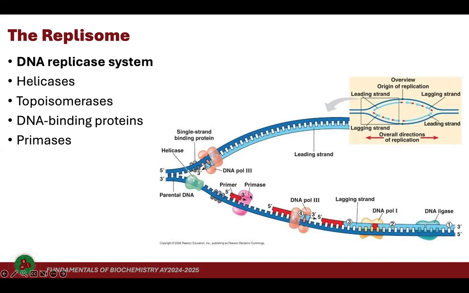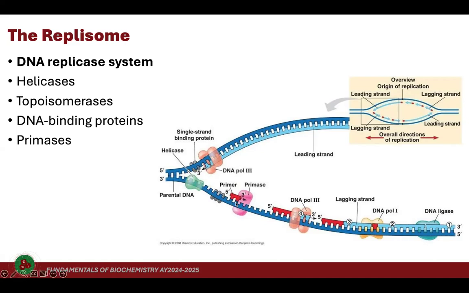Primases are enzymes that create short RNA oligonucleotides, and this serves as what we call primer. So the primases also have polymerase capability, albeit RNA polymerase capability.